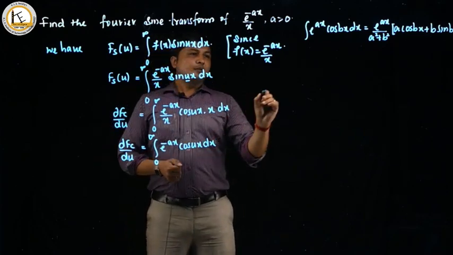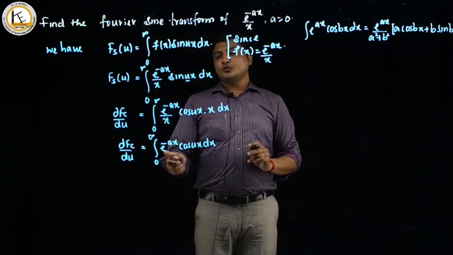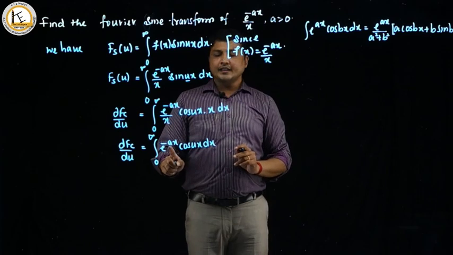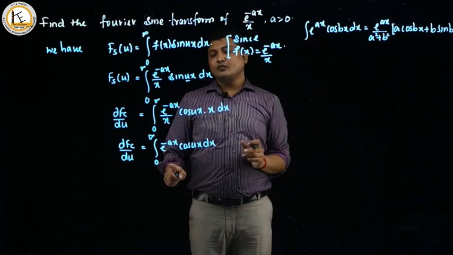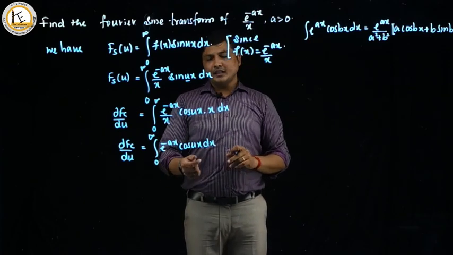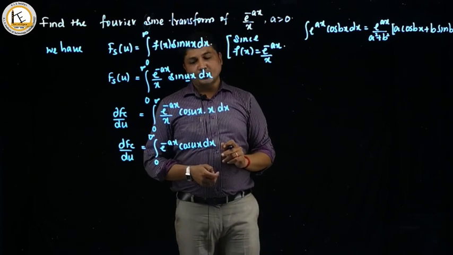Now applying it to e raised to minus ax into cos ux, when we compare with the standard form, we see that a is minus a and b is u.